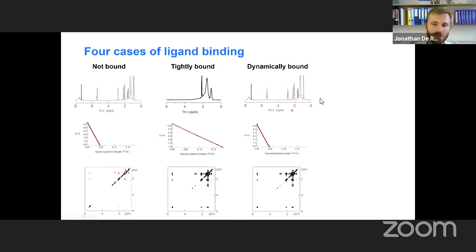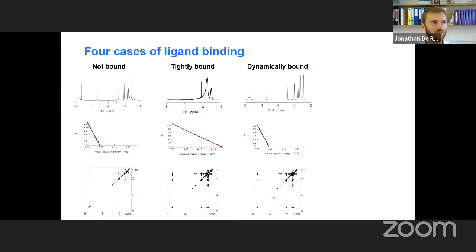In the 1D, you're going to see the average, sharp. In the DOSY, you're going to see the average, but it's 90% free, so mostly quite fast. And it's only the NOESY that's going to tell you that this molecule is actually interacting with the nanocrystal surface, but in a dynamic way, not in a tightly bound, fixed way.